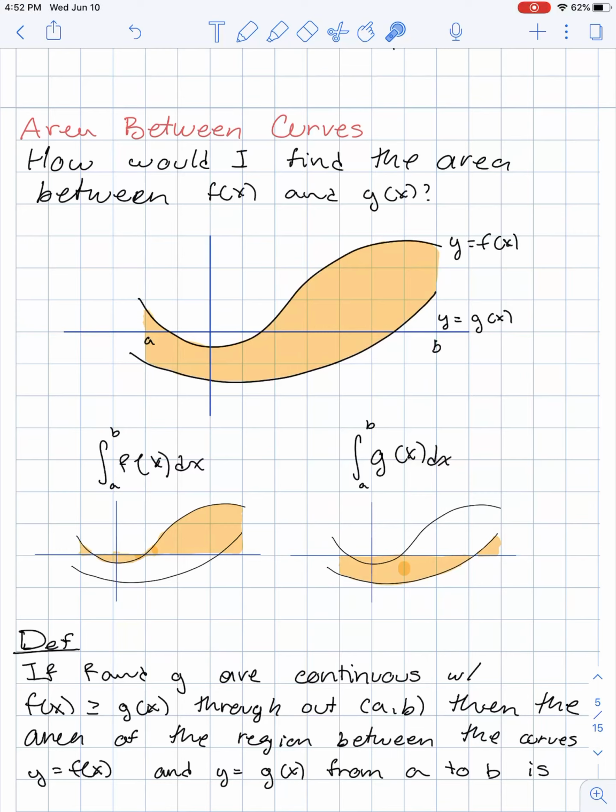So if each of these integrals gives me the area between that function and the x-axis, how can I find the area in between them?